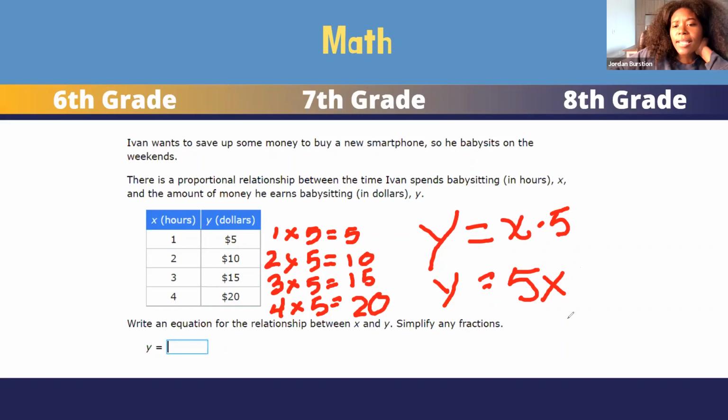Have you seen something like this before, Aiden? Yes, okay. And here we were multiplying by 5 each time. Good job.